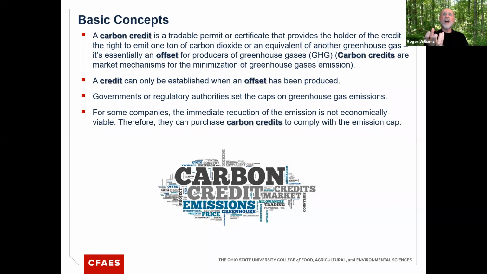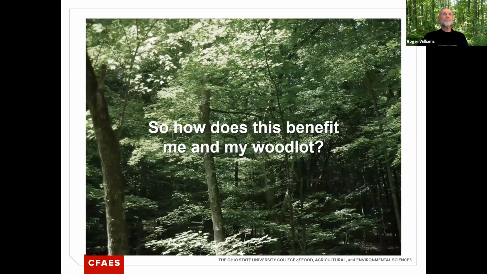So the offset that you have produced, say in a forest, has to be established as a credit that can be purchased by an emitter that can verify that they have an offset as a result. So carbon credits and carbon offsets become very important.